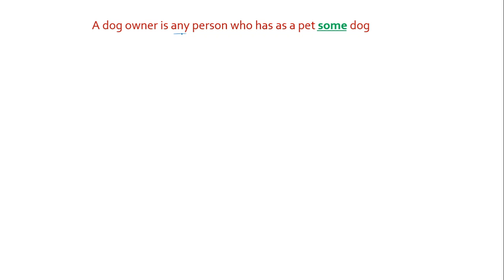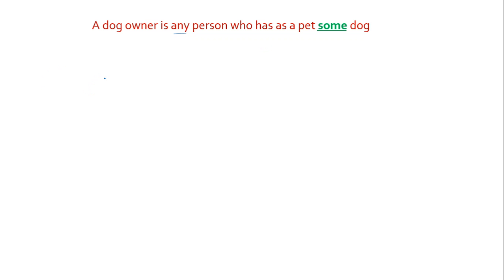So we have a sense of necessity and sufficiency. If someone is to be a dog owner, that thing should be a person and also should have a pet that is a dog. But the other sense is any person who has a pet some dog is also a dog owner. So you have both the necessary and the sufficient condition, so you can model this using the equivalent class formalism.